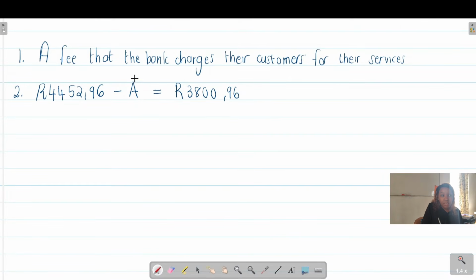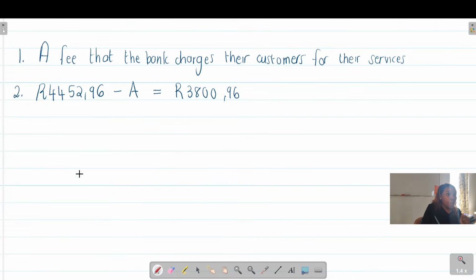So what is the value of that A amount that was subtracted? We need to solve for A in this equation. We're literally just solving for A. When you solve for A, you isolate A, or in other words, you put A on its own, and you get what the value is.